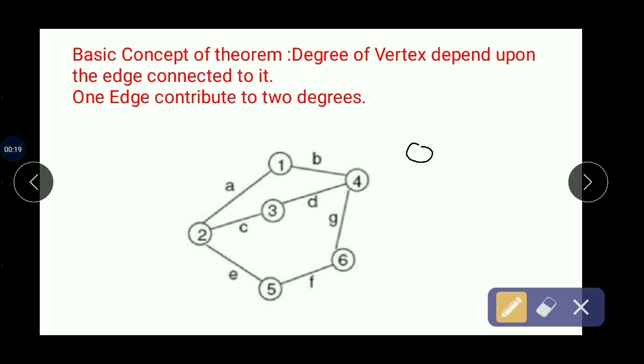If I add one vertex here, there is no change in the degree of any vertex. But if this node is attached to the graph by this edge, then the sum of the degrees of all the vertices will increase by 2, because 1 degree increases because of this end, and 1 degree increases because of the other end. So one edge contributes 2 degrees in a graph. So the main role is of the edge.